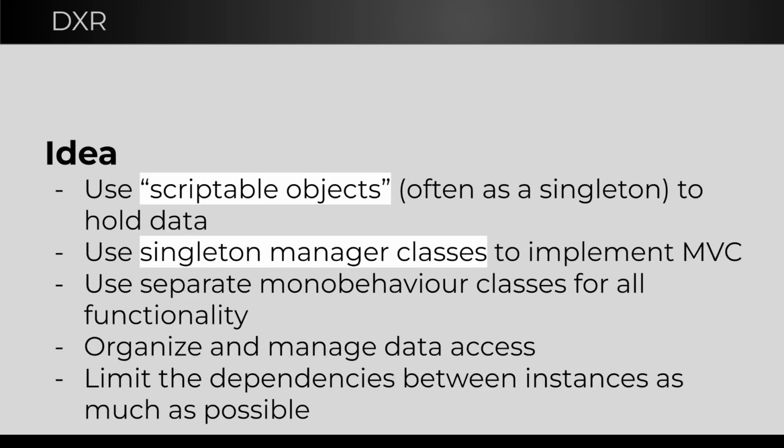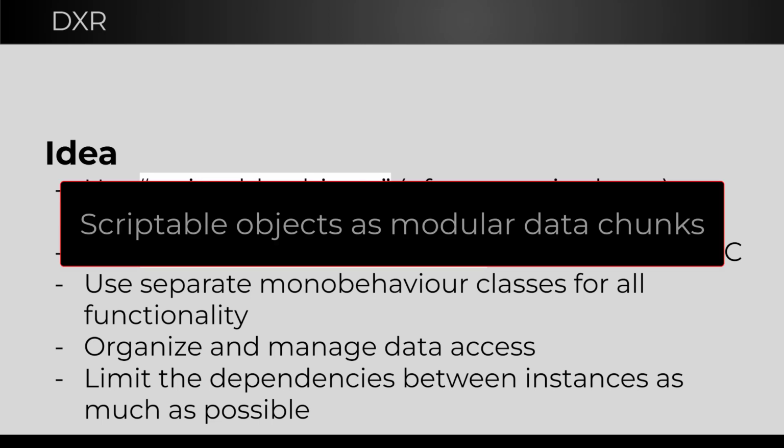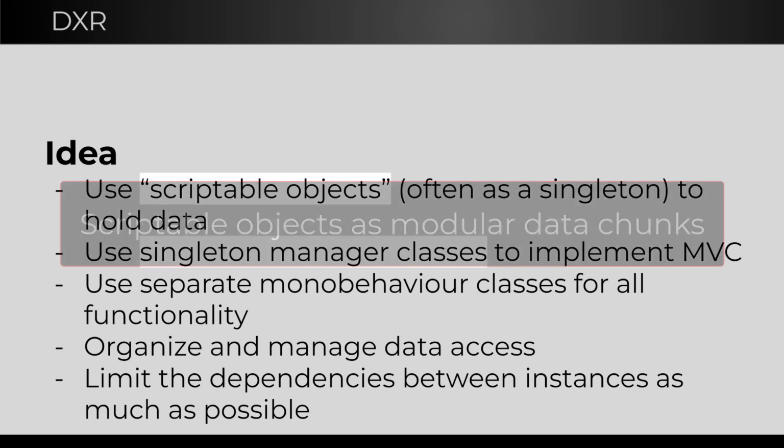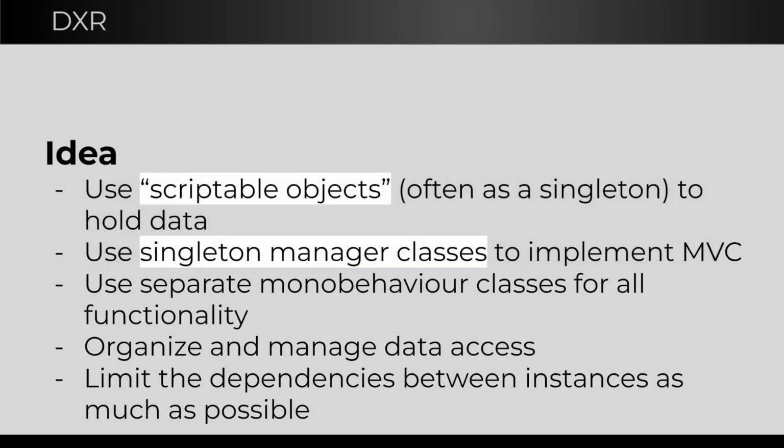So here's the idea. Use scriptable objects, sometimes as a singleton, to hold your data. Think of these as modular data chunks, character data, scene data, etc. Scriptable objects are your magic wand for writing good code in Unity.